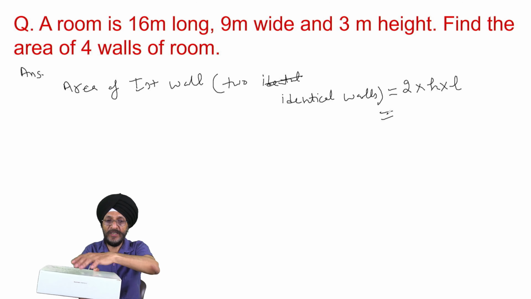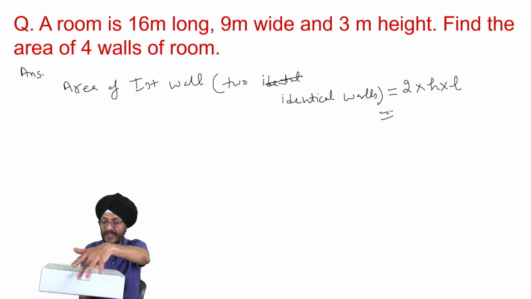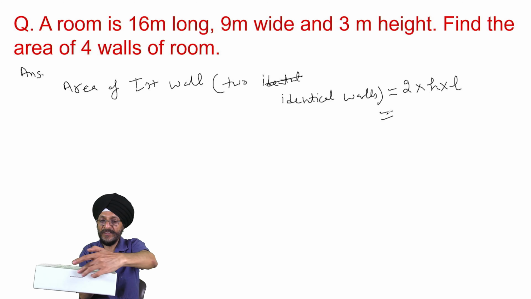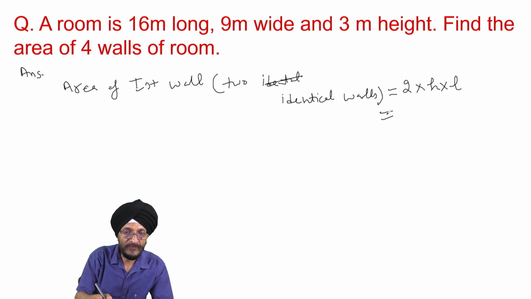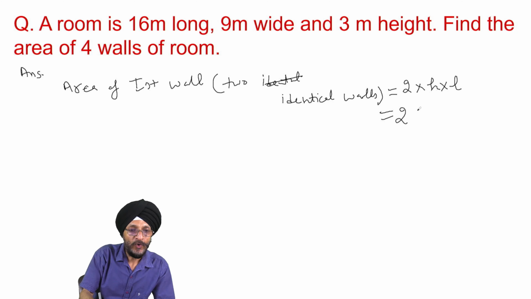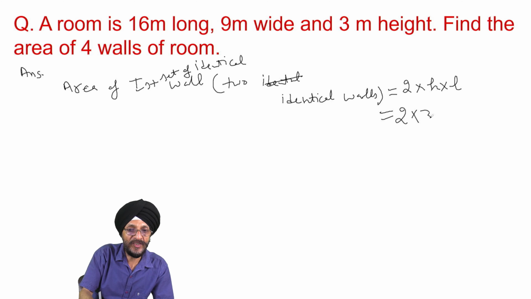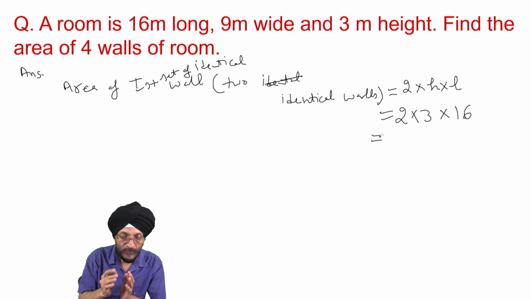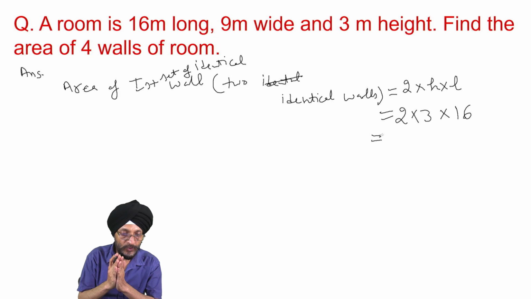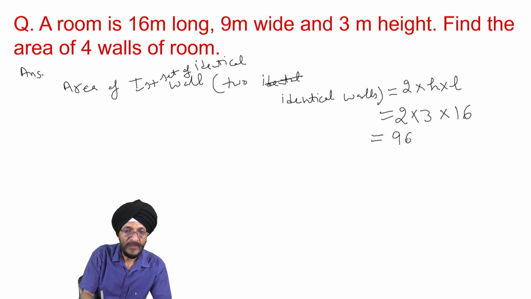Area of the first set of walls, which is the front side and the back side. This is the height and this is the length. So we will put the values: 2 into the area of the first set of identical walls. Height given is 3 and the length given is 16. So when we multiply 2 into 3 into 16, the answer will come to 96 square meter.